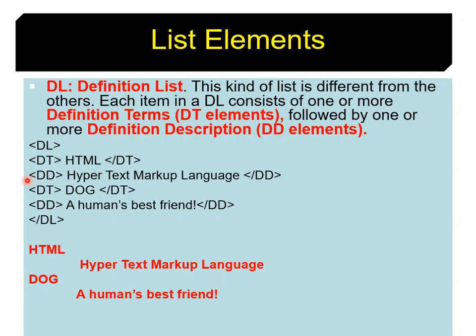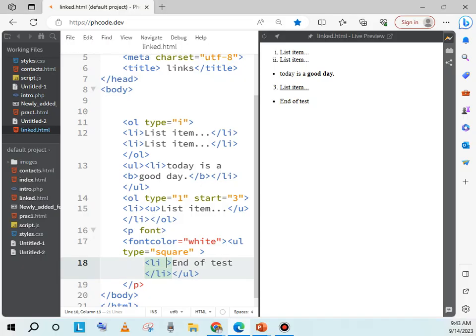Then we go to the DD tag, which is giving us the definition of the first object, hypertext markup language. When we move on to the second word, dog, we call it in the DT, and we call the DD to define a dog. And lastly, we close the definition list. Are we together? This will make more sense once we move on to our brackets.